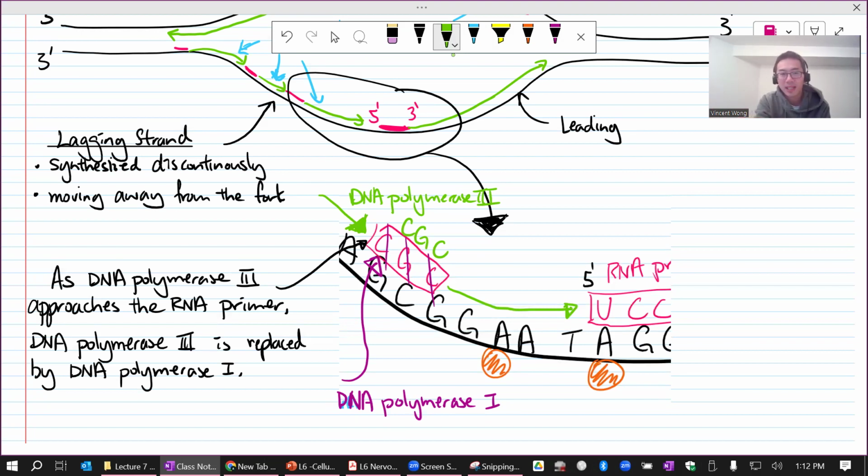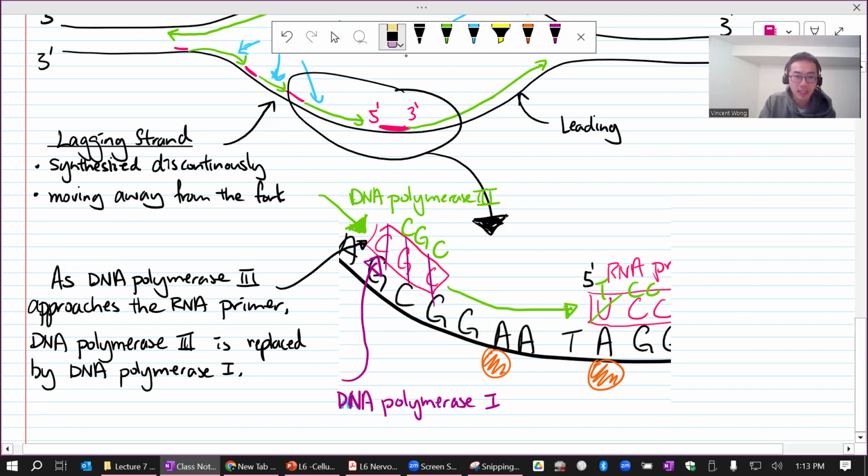Like, what do you mean? CGC, I take it away and then I replace it with CGC, right? So in this case, it doesn't matter. It's the same. But over here, the DNA polymerase 1 will take off the U, and what's the appropriate nucleotide to put on? Tell me. T. That's right. So it'll be T and then CC. Okay, so replaced by DNA polymerase 1.